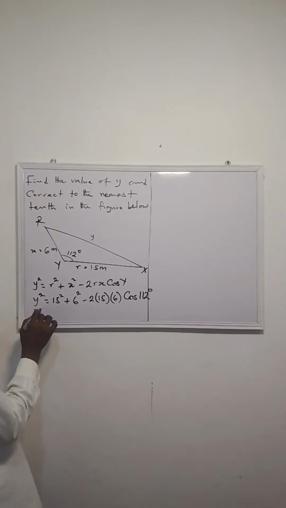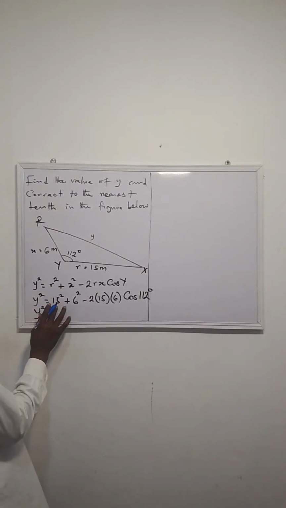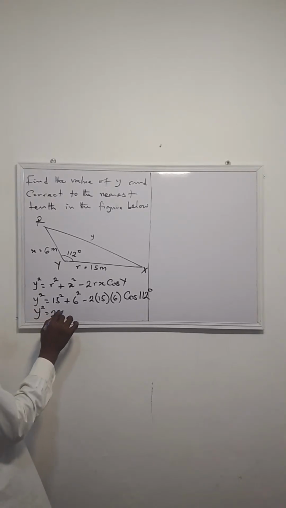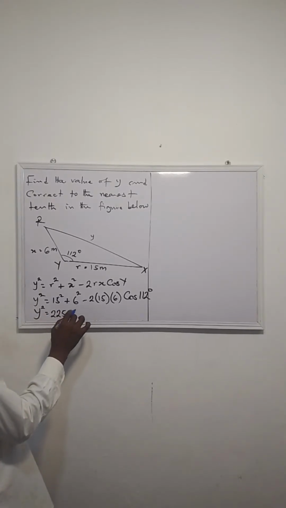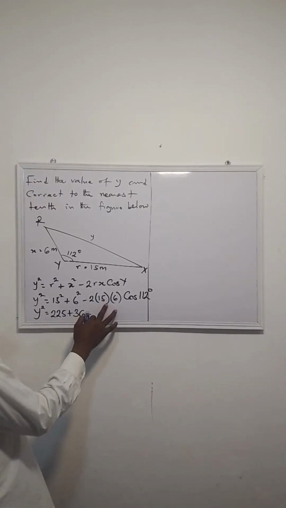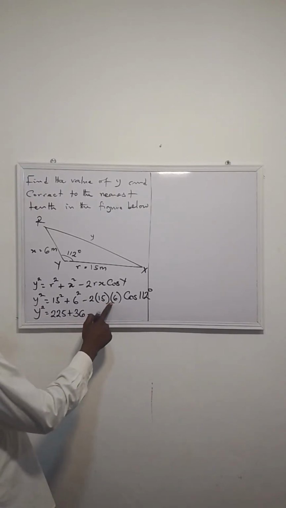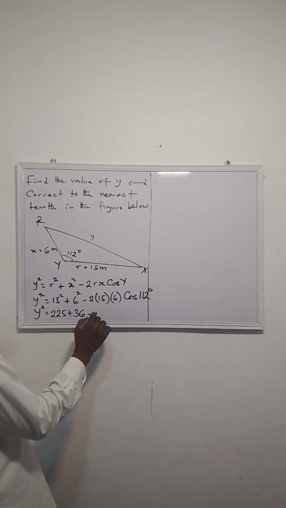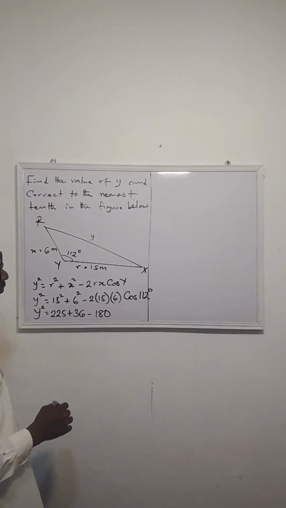So now 15 squared is 225 plus 36. When you multiply 30 times 6, that is 180.